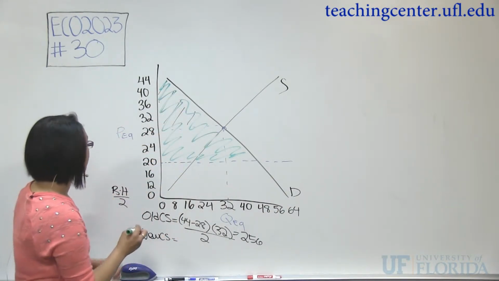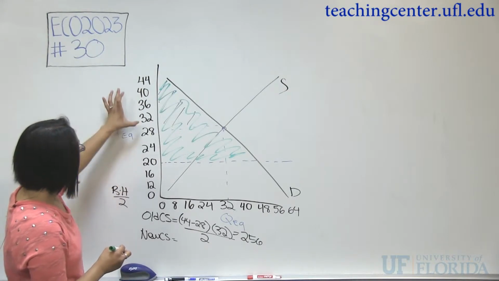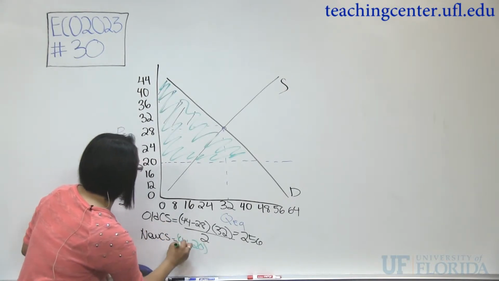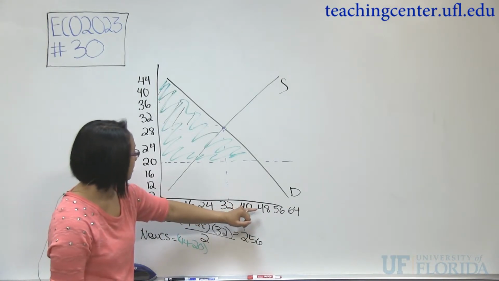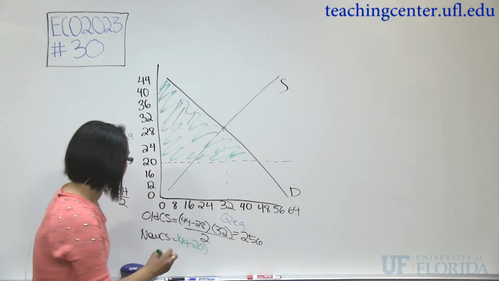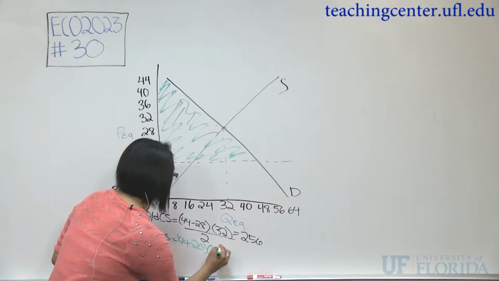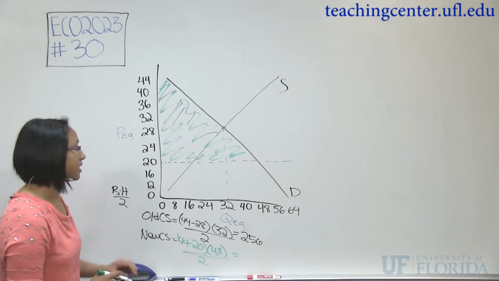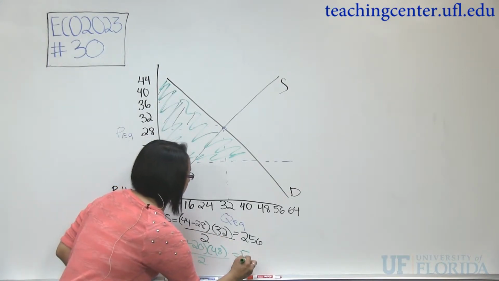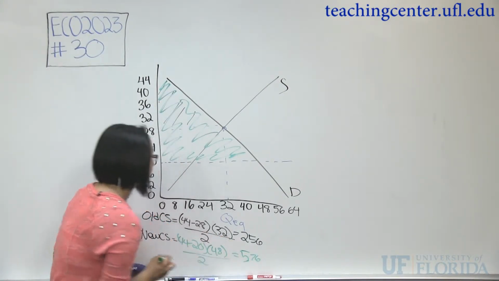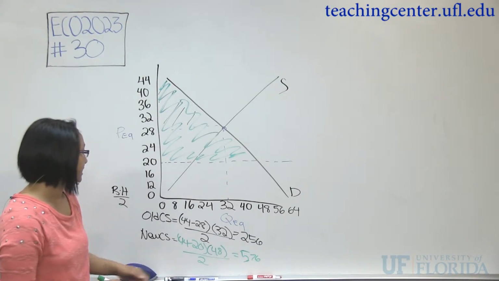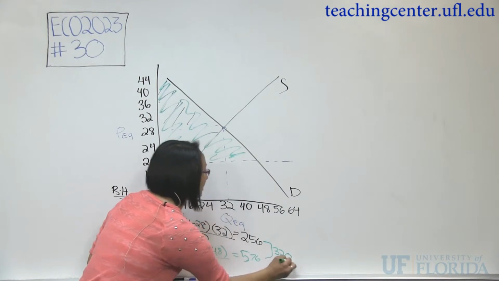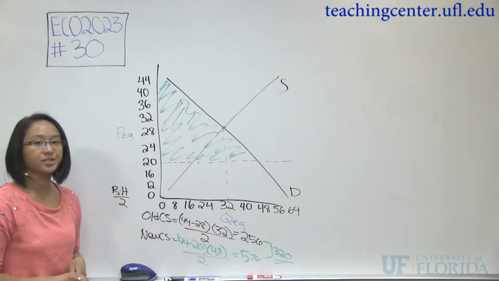So our new consumer surplus is, what's our height? 44 minus 20, times our base. Let's see, it comes all the way out to 48, divided by 2. And our new consumer surplus becomes 576. And if you find the difference, 320, that's our change in consumer surplus.